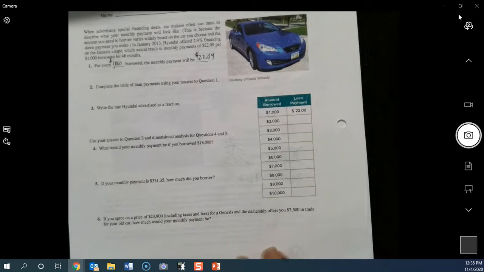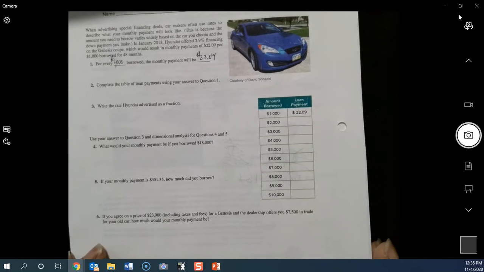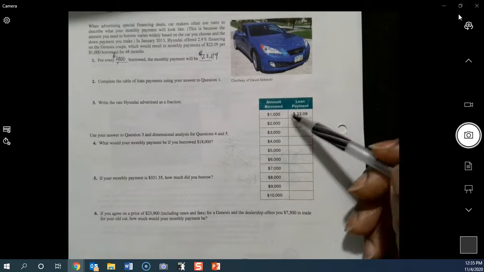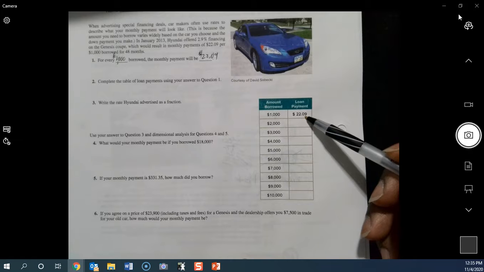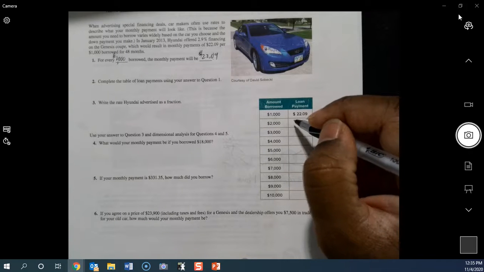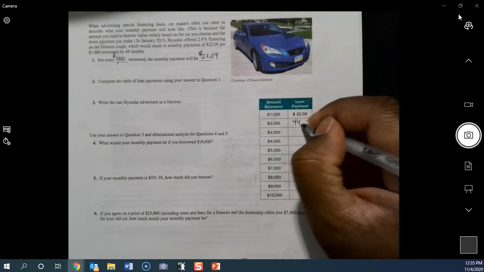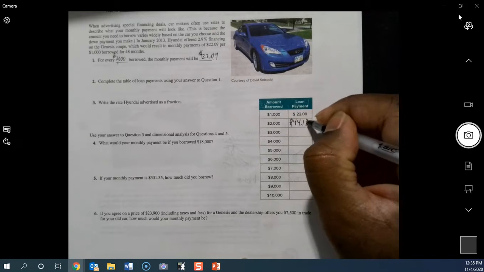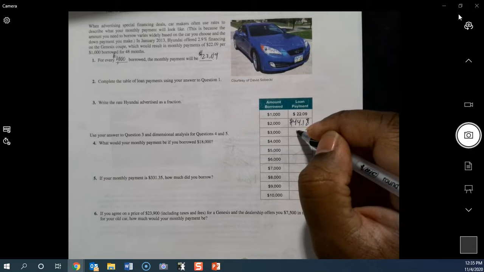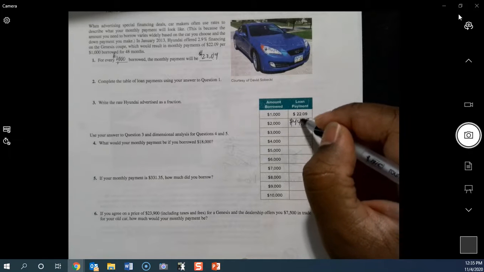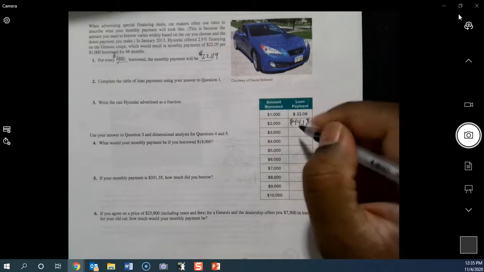Now, for the table, it says complete the table of loan payments using the answer to question 1. So if you got 1,000, it's $22.09. 2,000, you doubled it, so it'll be $44.18. $3,000, you tripled it. So you could keep just adding $22.09.